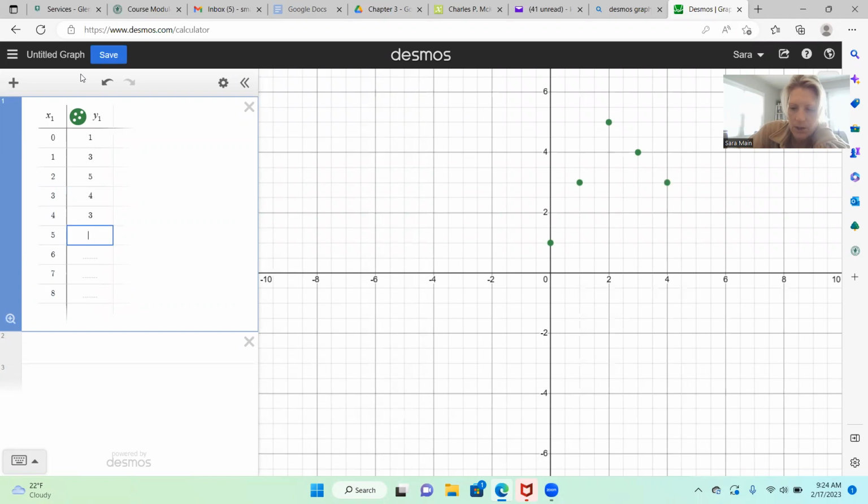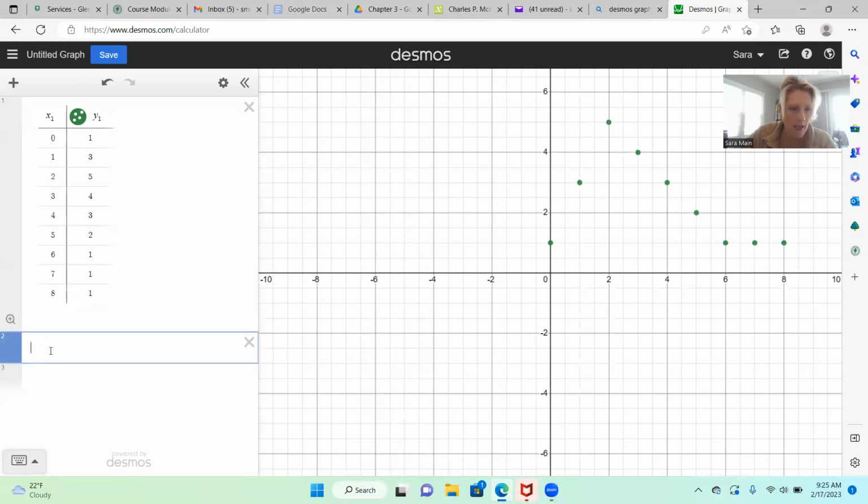Whoops. 3, 2, 1, 1, 1. Okay. So we can then find the weighted average. So we can find the mean by taking the total of X1 times Y1 and dividing by the total of the Y1.